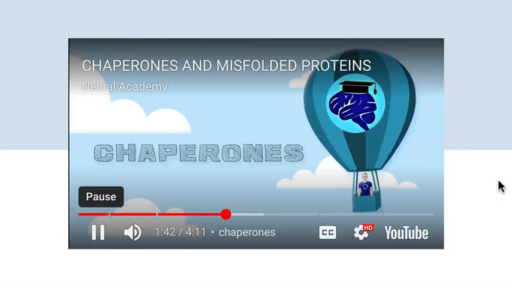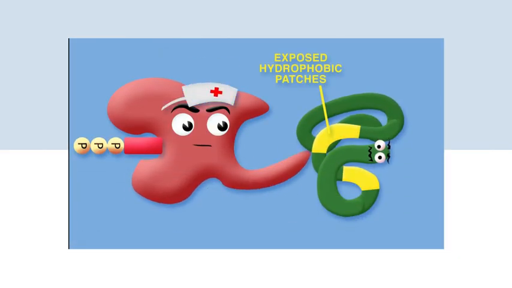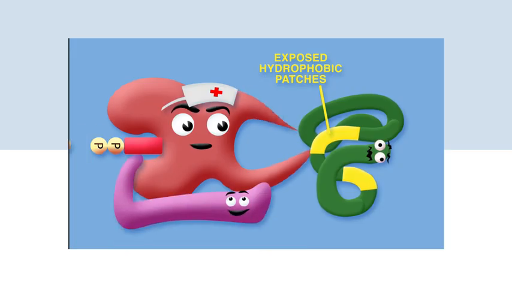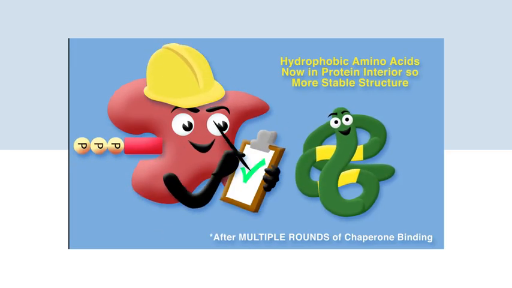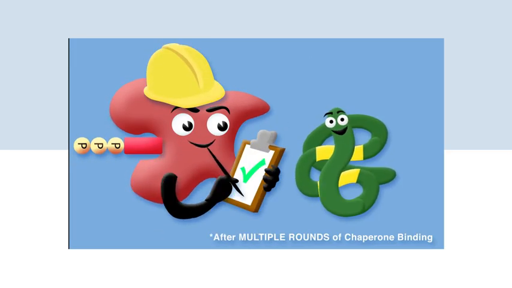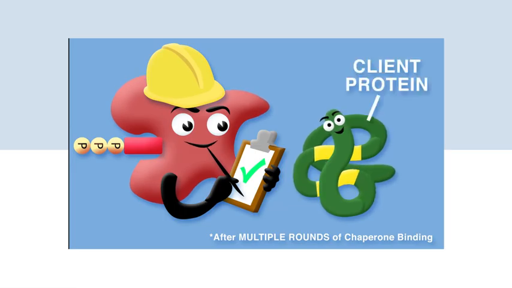Let's discuss chaperones first. Chaperones work by binding to exposed hydrophobic patches on misfolded or incompletely folded proteins and hydrolyzing ATP. Some of the energy expended by chaperones is used to perform mechanical work, but much more is used to ensure the accuracy of protein folding. The proteins that chaperones help fold properly are called client proteins.